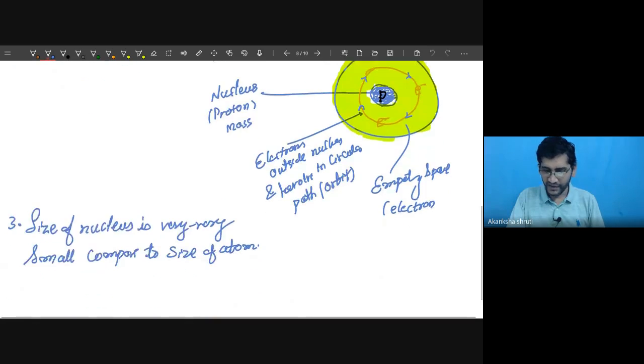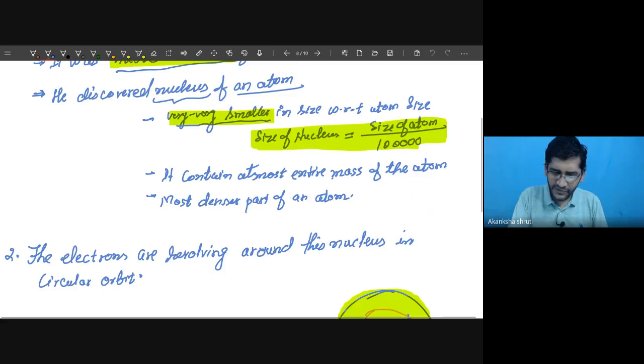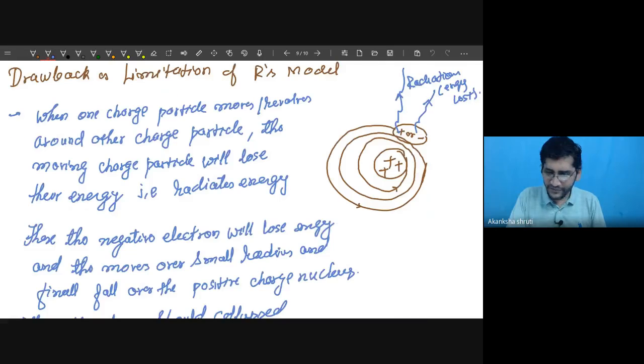It was the Rutherford model. The size of the nucleus where proton is present is very, very small as compared to the total size of the atom.